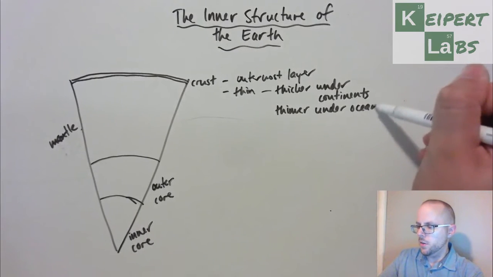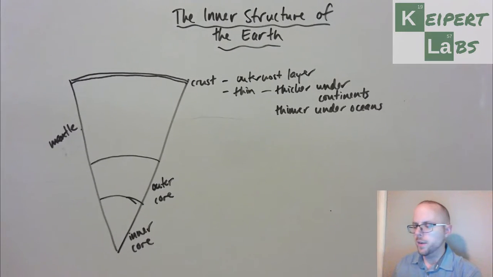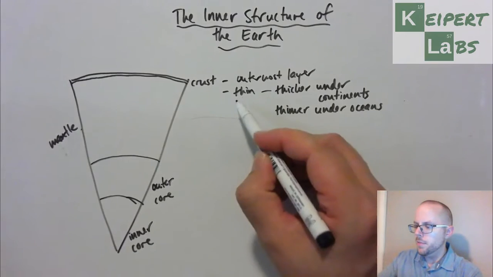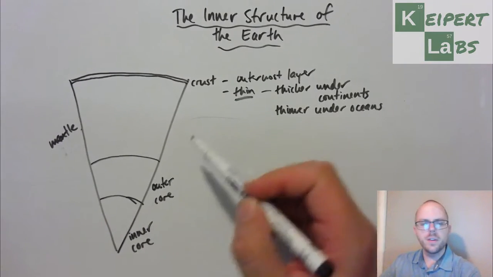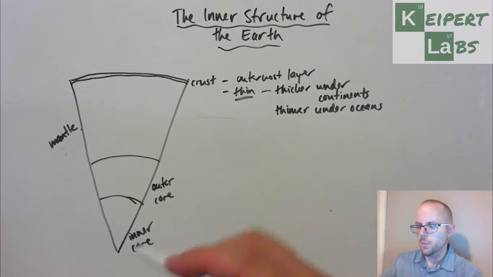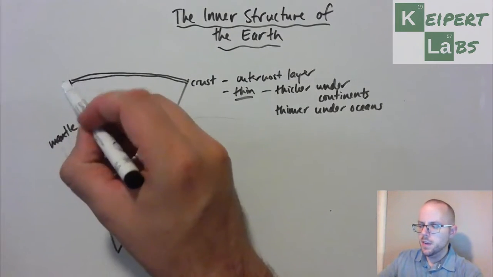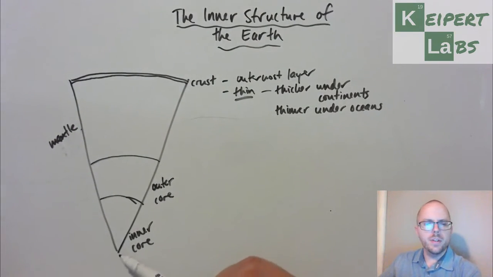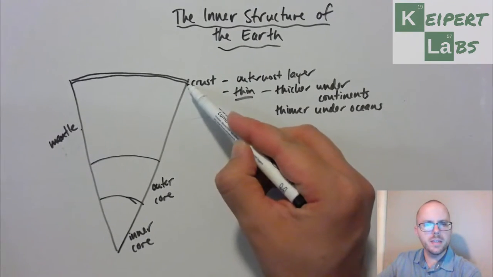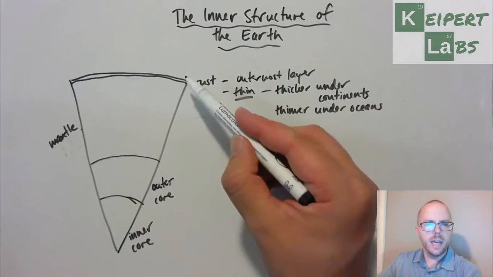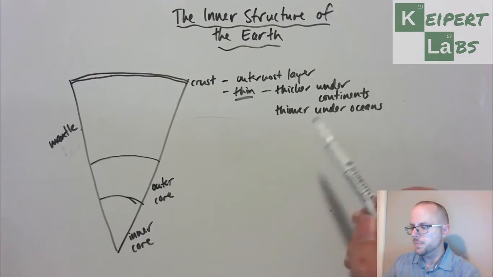We know that it's not all the same thickness all the way around. But it's very, very thin relative to the actual size of the Earth. When you consider that we looked in that activity that this distance from here to here is almost 6,400 kilometers, and the crust itself is only a couple of kilometers thick. It's like the eggshell on the outside of the egg. It's very, very thin.